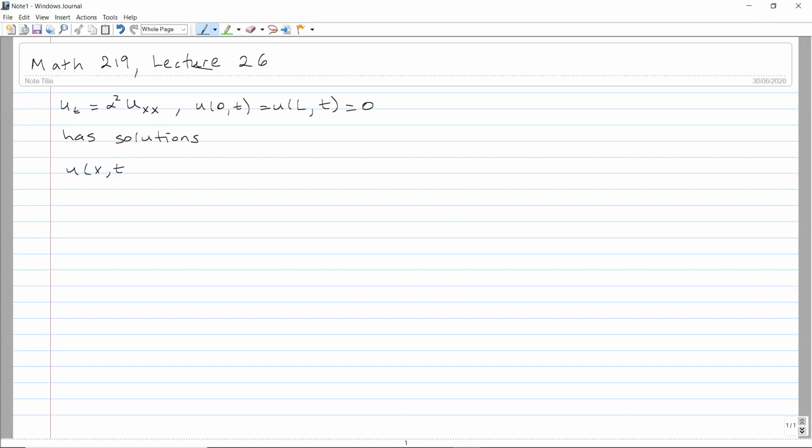u given as an infinite sum, n from 1 to infinity, Cn e to the power minus n squared pi squared alpha squared t over L squared, sine of n pi x over L. But remember, we also have the initial condition.